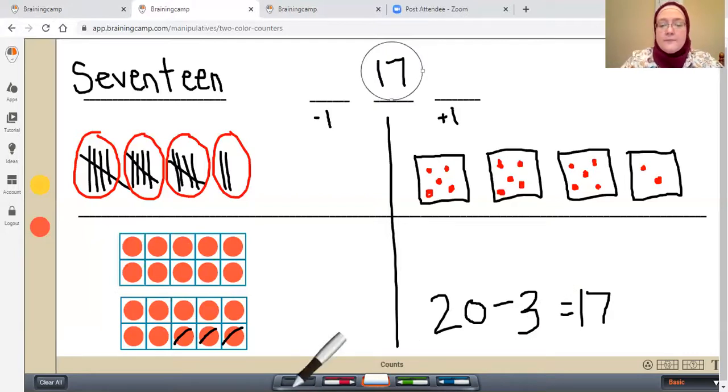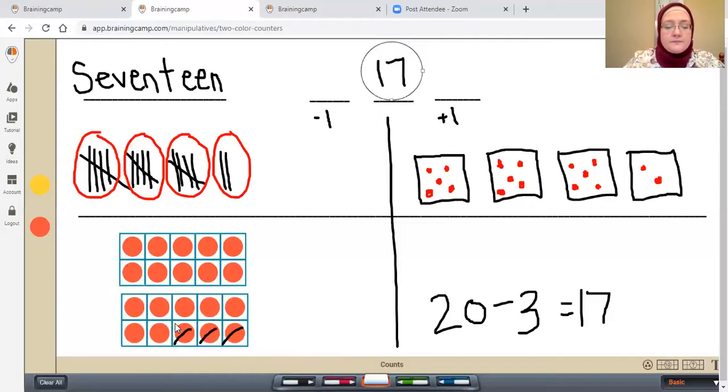Let's go ahead and read it. 20 minus 3 equals 17. I don't want these in there, do I? Oops. Let me see if I can just take this. Goodbye. I don't want those 3. Let me erase those.